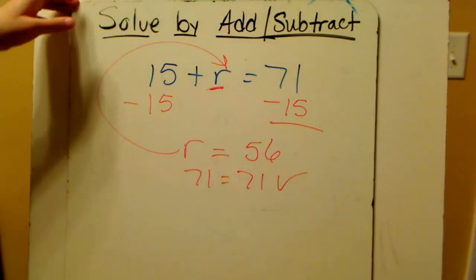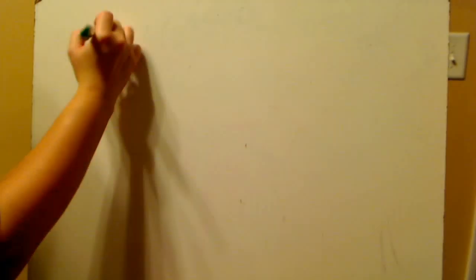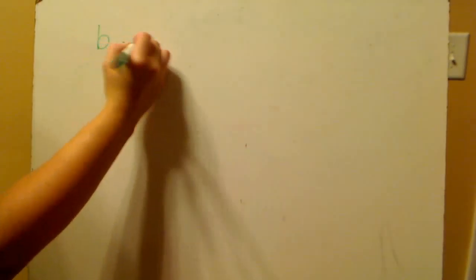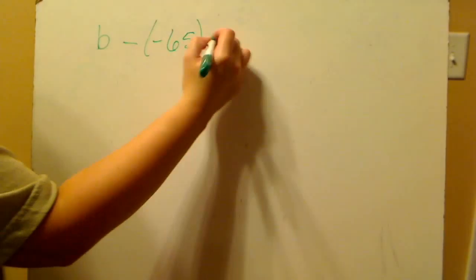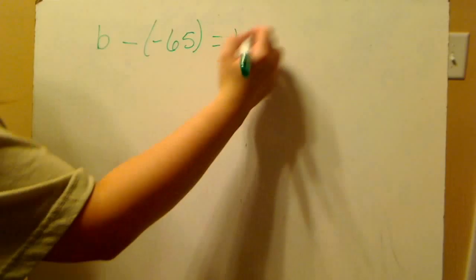Two more examples for this one that I want to show you. This is when you have double negatives sitting next to each other, just to make sure you know how to maneuver those types of problems. The first one is b minus negative 65 equals 15.